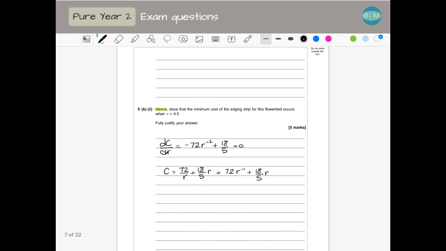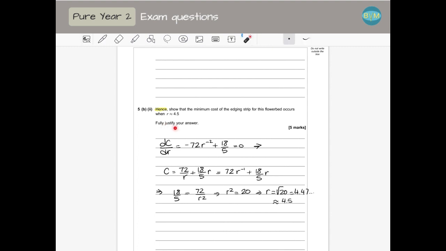So 18 over 5 is going to be 72 divided by r squared, which means that r squared is going to be 72 divided by 5 and multiplied by 18, which is 20. And from here, r is going to be root 20. Root 20 is 4.47 something, which can be approximated by 4.5, as we have to prove.